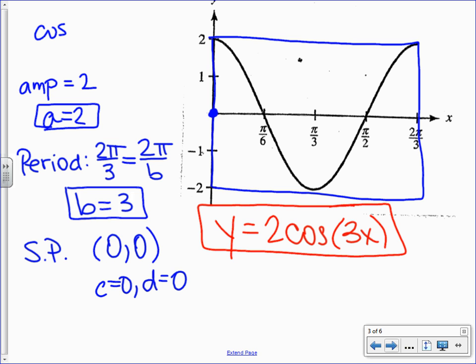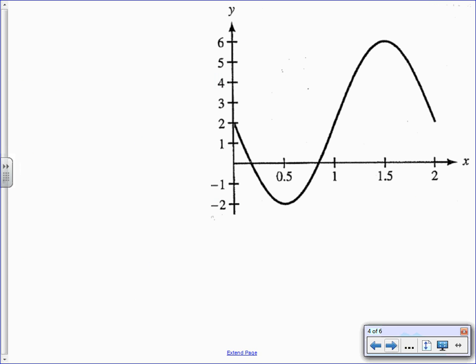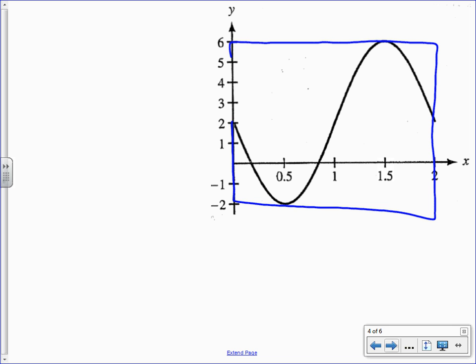All right, let's try another one. Draw on my frame. Okay. Sine or cosine? Sine. What is our amplitude? 4. Okay.